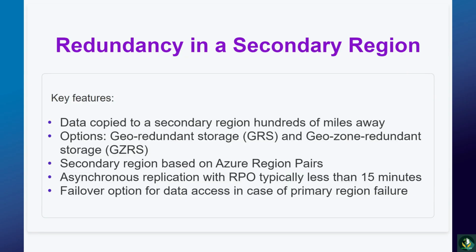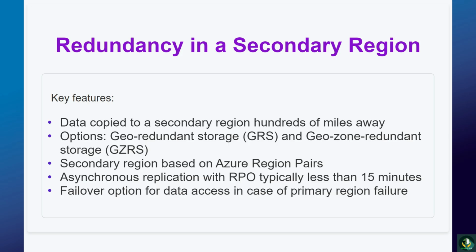When it comes to ensuring the highest level of data durability, Azure Storage offers options that extend beyond a single region. For applications that demand exceptional resilience, you can opt to replicate your data to a secondary region located hundreds of miles away from the primary region.